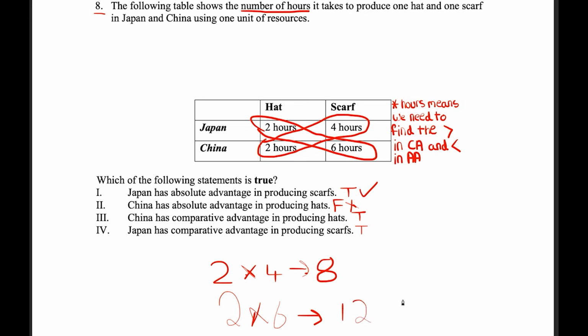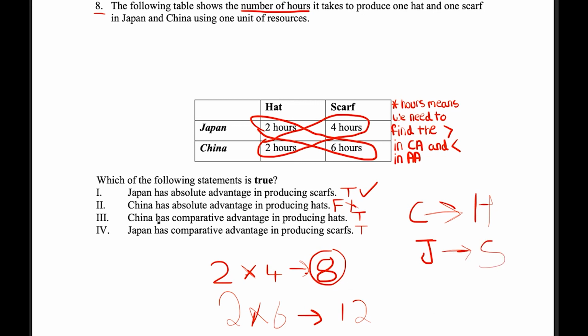If this was a goods question, I would have picked the greater one. However, again, keep in mind, this is a cost of production question. So I want to pick the less one. So I will pick 8. That means the comparative advantage is China for hats, and the comparative advantage for Japan is scarves.